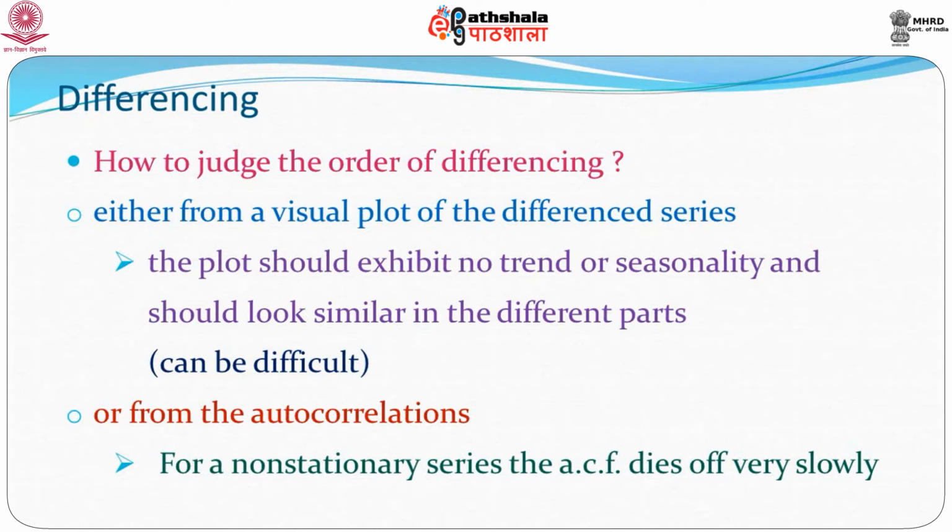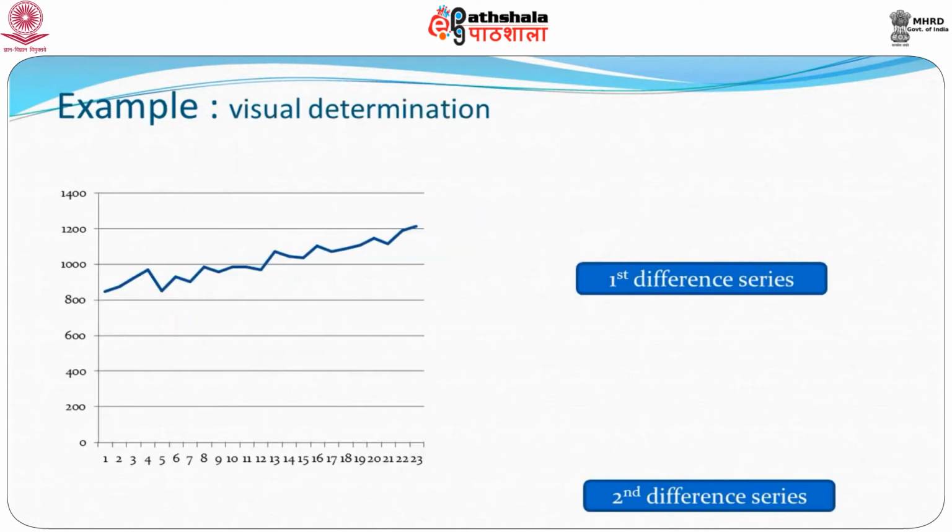Let us have a quick look at what these two mean. First of all, the visual plot. On the left hand panel, we have the data, and you can see that this is an increasing function. It starts somewhere a little more than 800 and ends up beyond 1200.